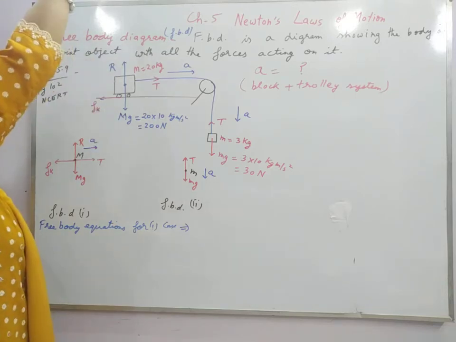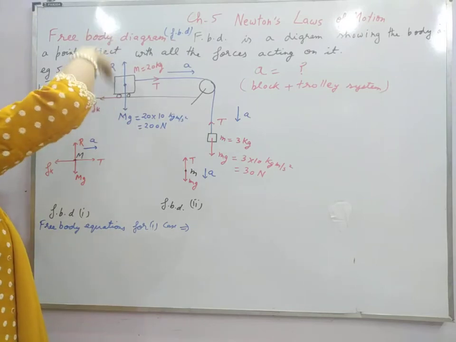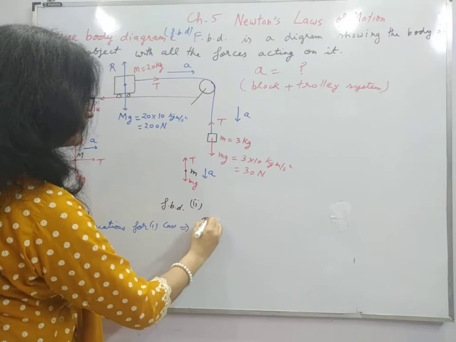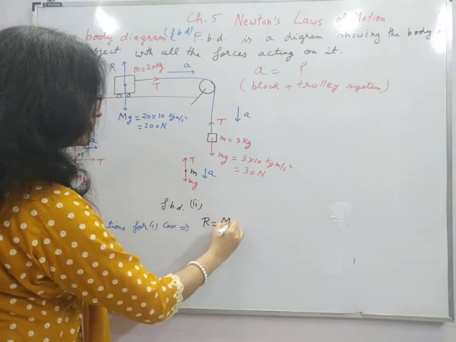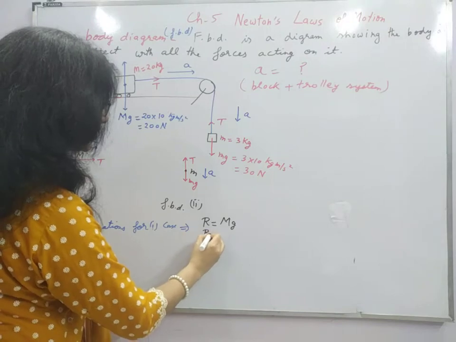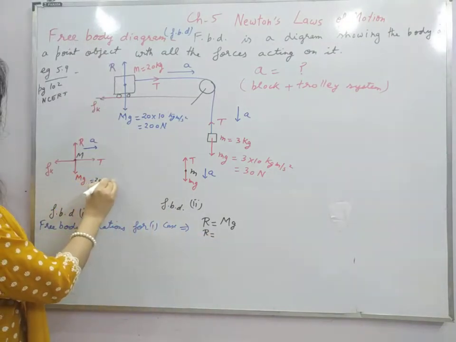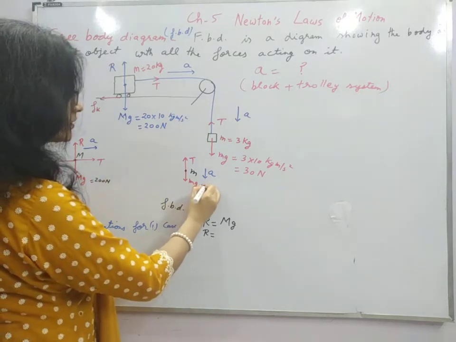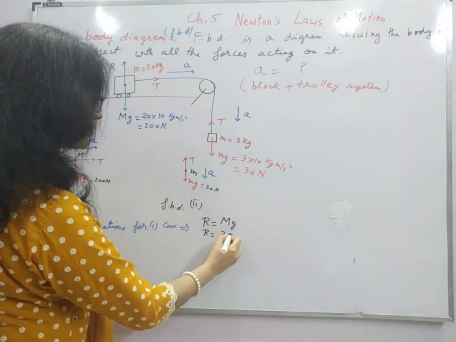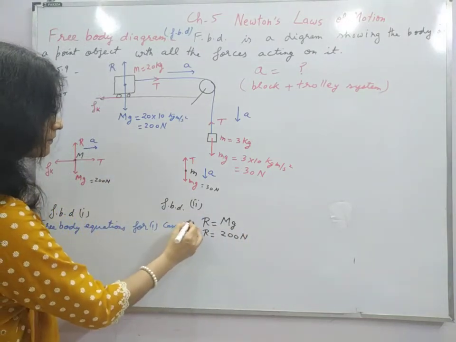Is it moving in the air? It's simply moving horizontally. So that means these forces are balancing each other. So you can write the first equation as R is equal to M into g. R is equal to Mg is how much? 200 Newton we had calculated, and here it is 30 Newton we had calculated. So this is 200 Newton. This is the first equation, okay?